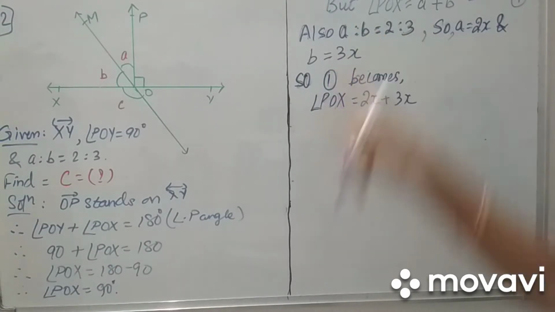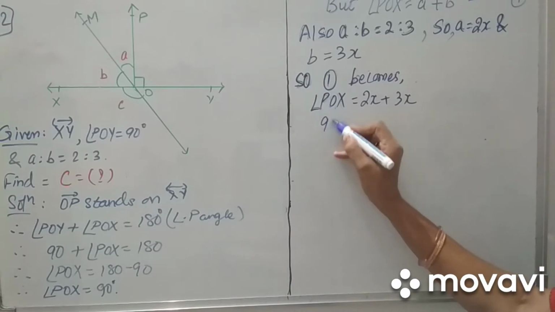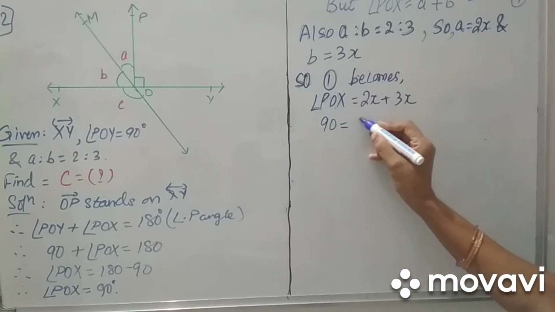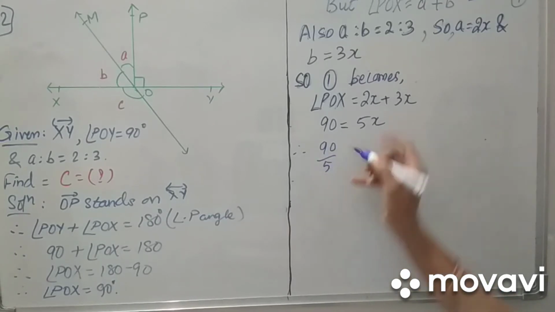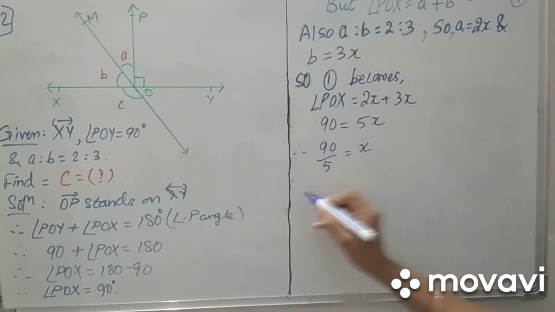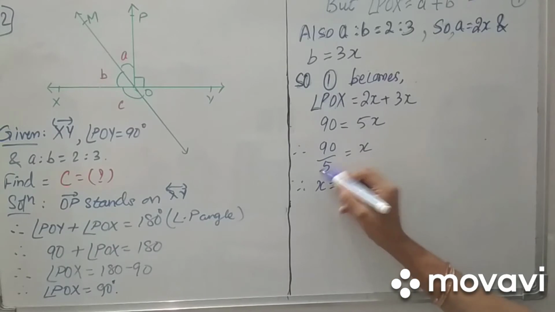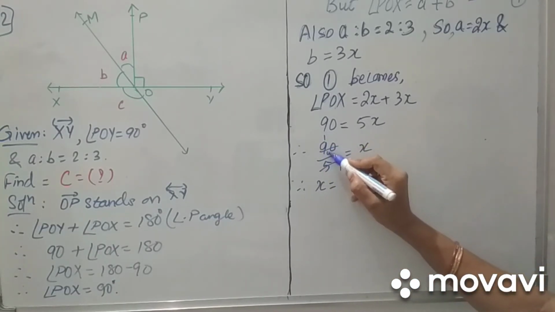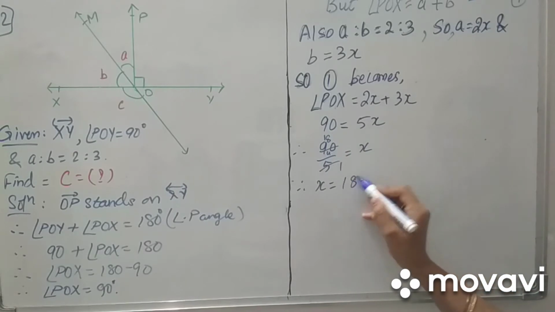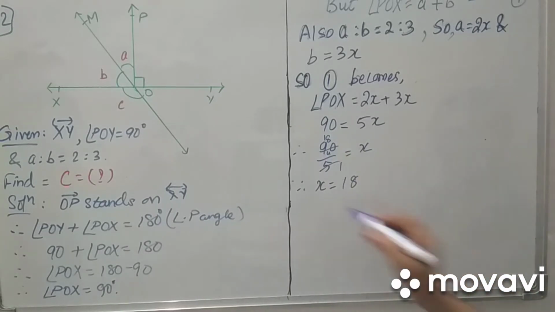But POX value is 90. So, 90 is equal to 5x. Therefore, 90 upon 5, this 5 goes in denominator, is equal to x. Therefore, x is equal to 90 divided by 5. 5 ones are 5, 5 nines are 45, so 18 we will get as the value of x.